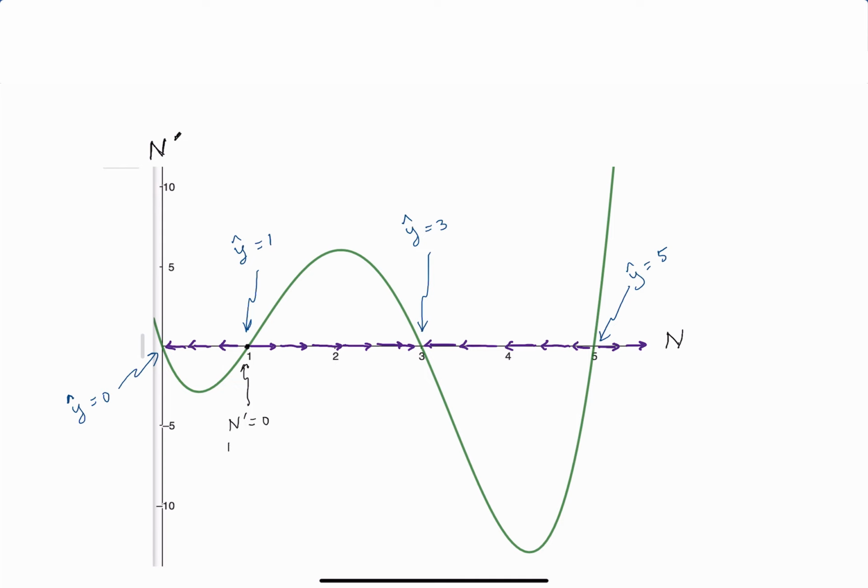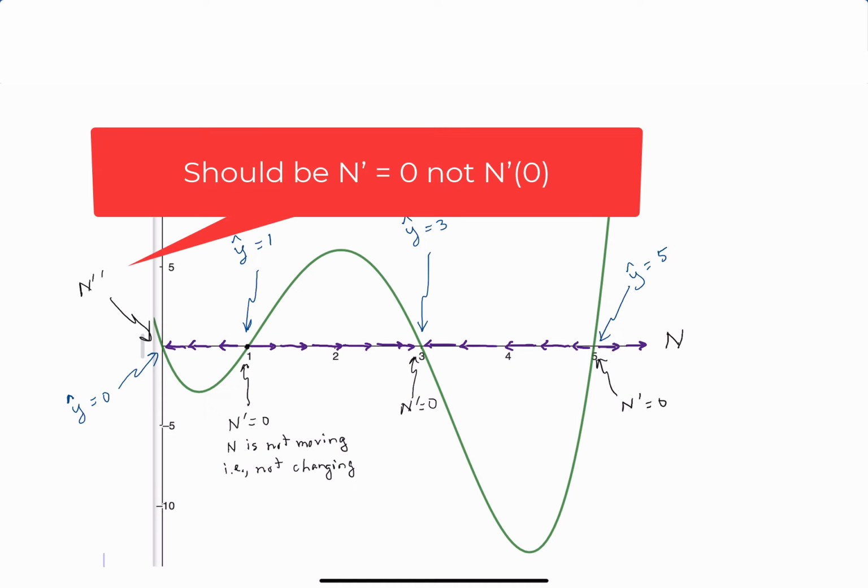So n is not moving. And if a function isn't moving, it's not changing, it is constant. So similarly at 3, we have a 0 derivative. At 5, we had a 0 derivative. And at 0, we had a 0 derivative.